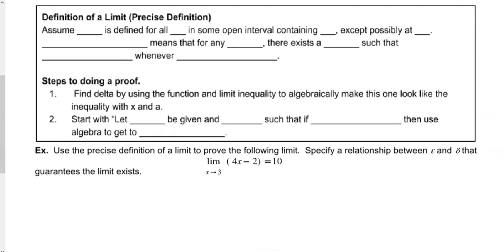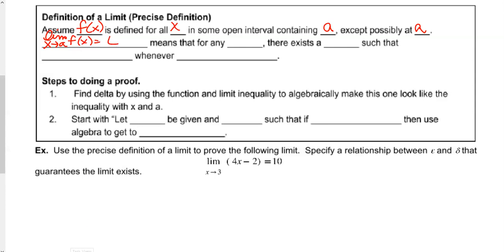Here is where we're going to define the limit. And so, by definition of a limit, assume f of x is defined for all x in some open interval containing a, except possibly at a itself. So this is going to look similar to our preliminary one, but we're going to clean it up now by using our distances here.